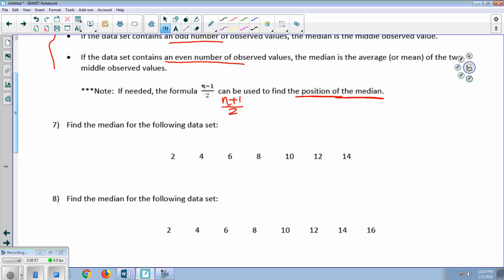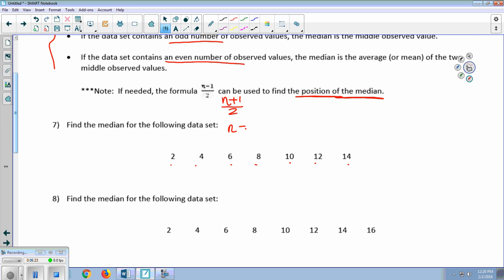It's not finding the median, it's finding the location of the median. So we'll use that to show how to use that little helping formula. First, let's look at this first data set. We need to know how many data observations are in our data set, and it looks like 7.